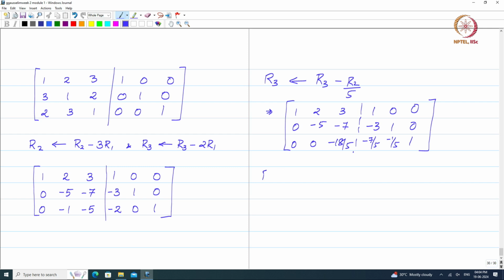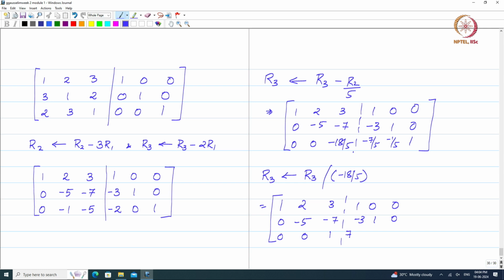R3 tends to R3 divided by minus 18 by 5 in order to get 1. So, it will be 1 2 3 1 0 0. Next row 0 minus 5 minus 7 minus 3 1 0. Last row 0 0 1, 7 by 18, 1 by 18, minus 5 by 18.